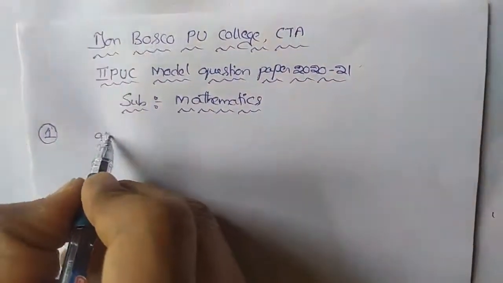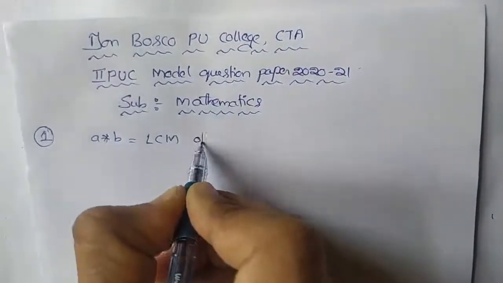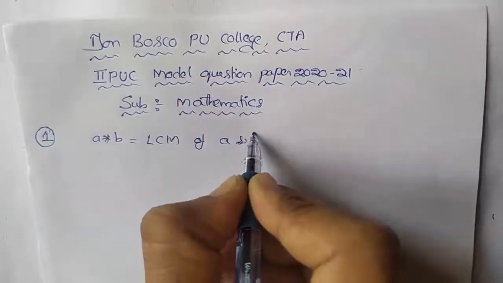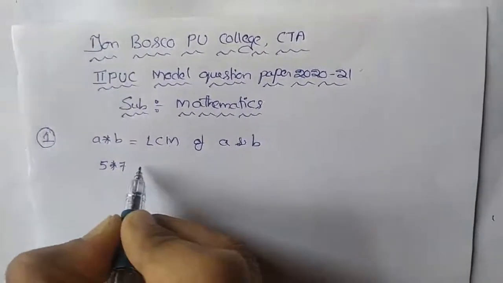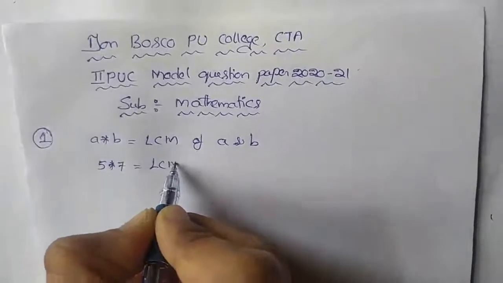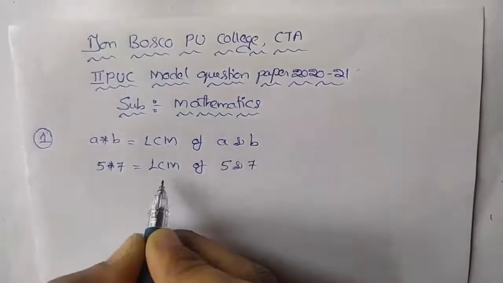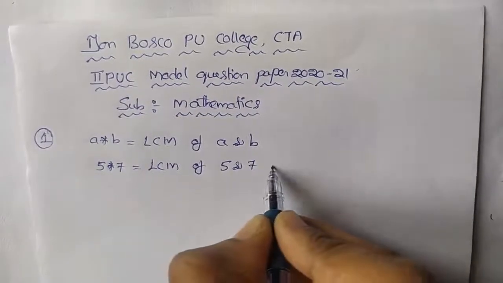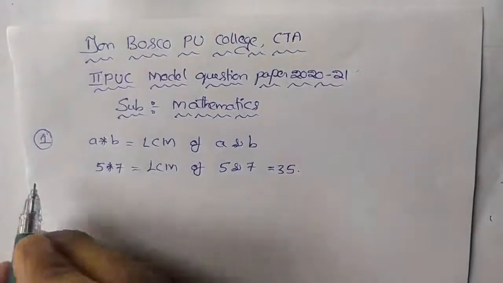The given operation is a star b equals LCM of a and b. So we need to find 5 star 7. 5 star 7 is LCM of 5 and 7. LCM of 5 and 7 is how much? 35. Hence it is the solution.